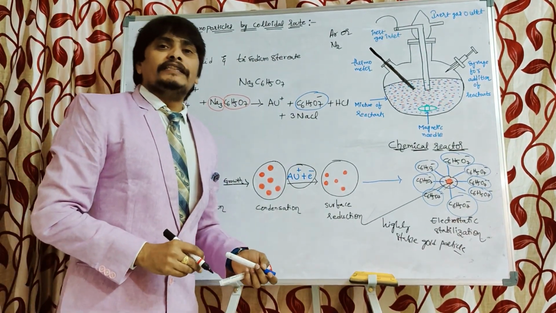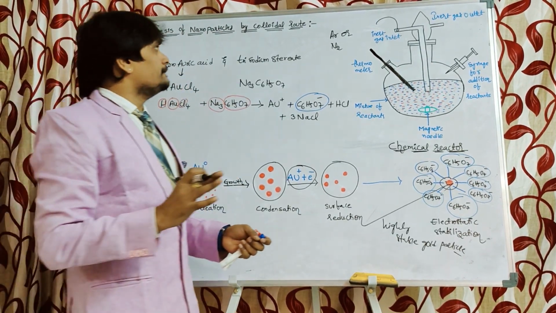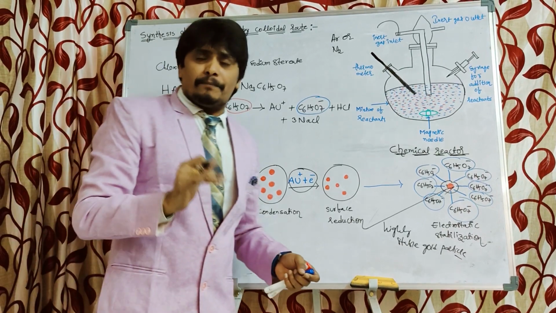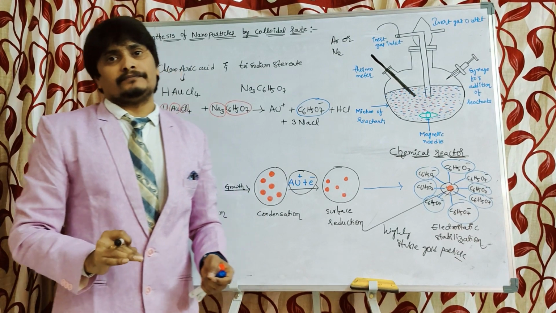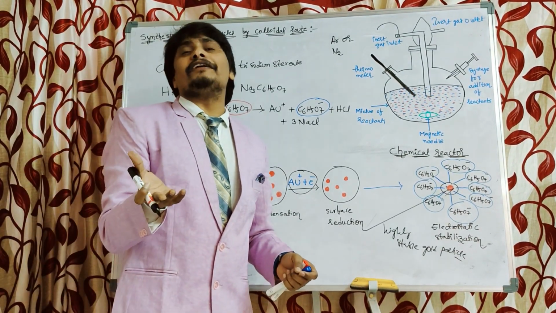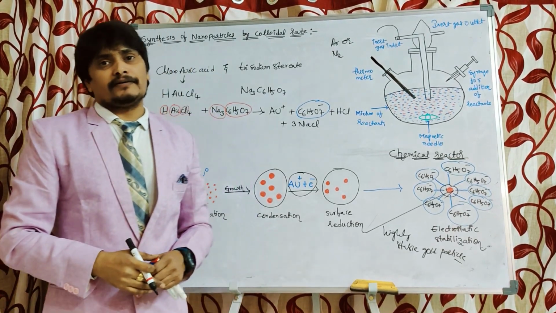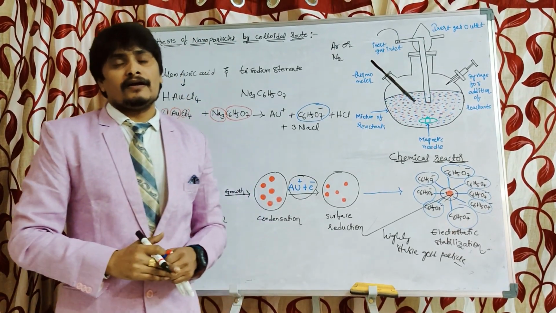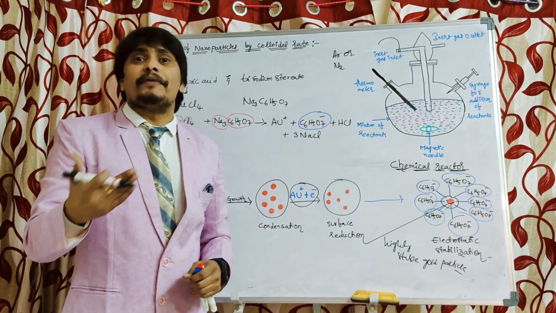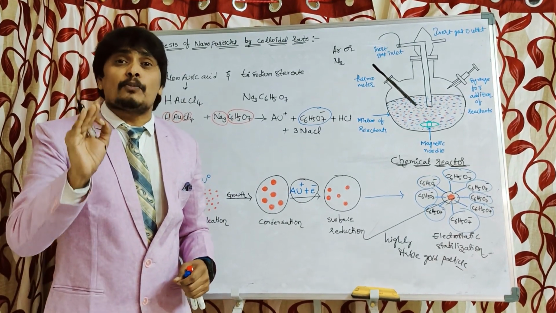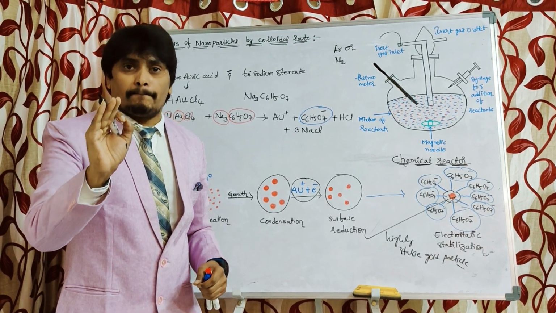So in this manner, making use of the colloidal route, not only nano gold can be prepared, we can also prepare nano silver, nano palladium, and nano copper. Other types of nanometals can also be prepared based upon the availability of the appropriate precursor.